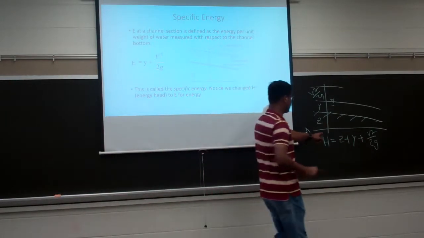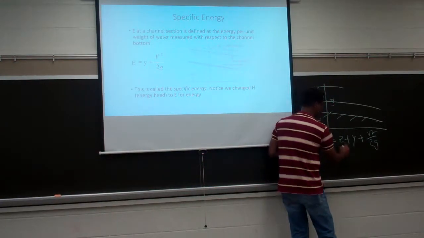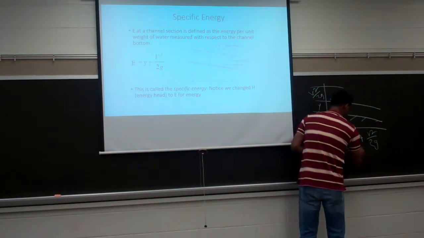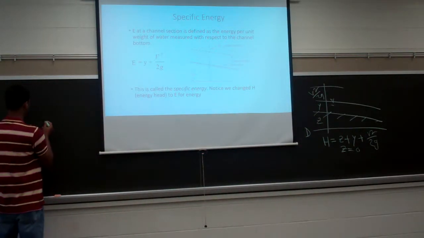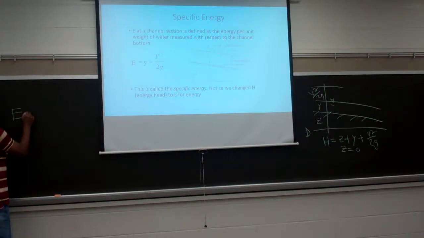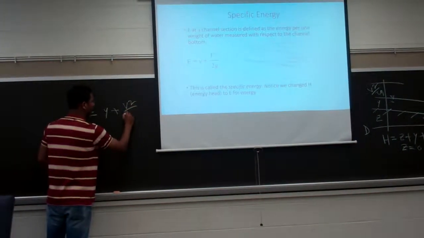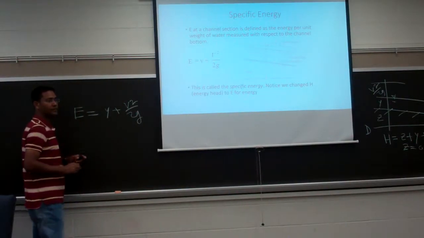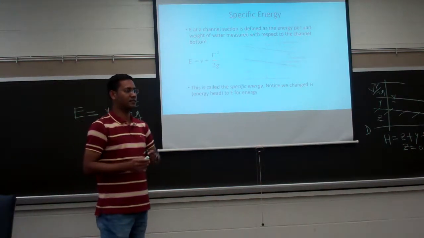So what will happen if I assume that energy is being measured from the channel bottom? That means z will be equal to 0 and the equation becomes E is equal to y plus v squared over twice g. So this is the equation of specific energy.